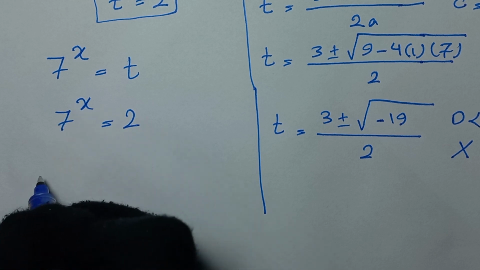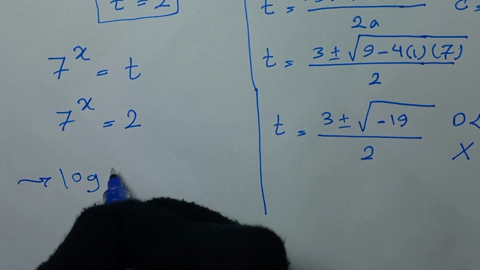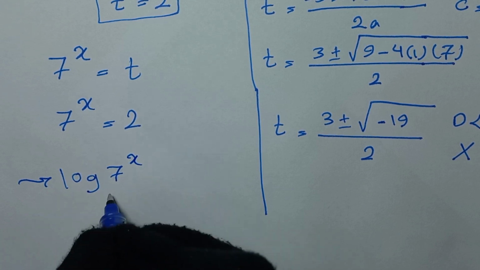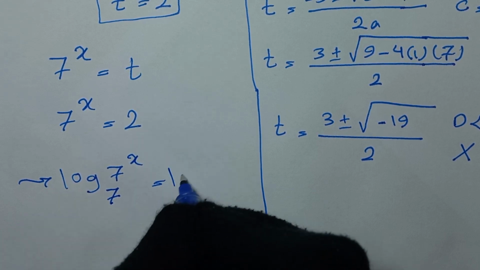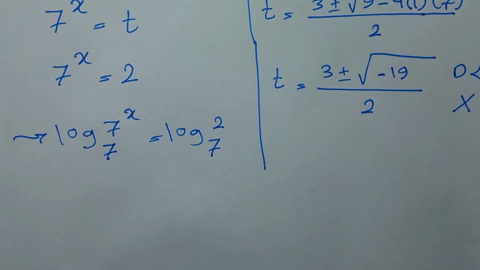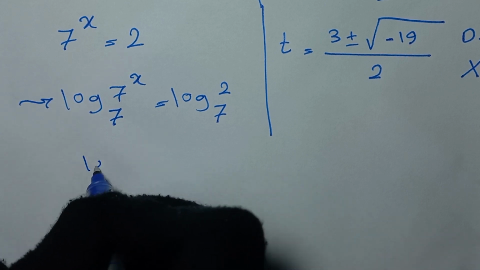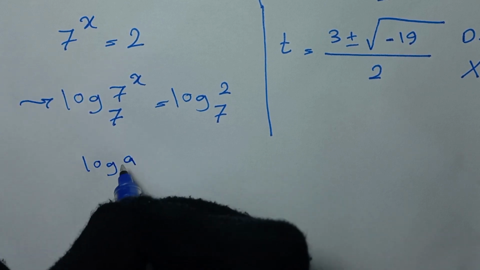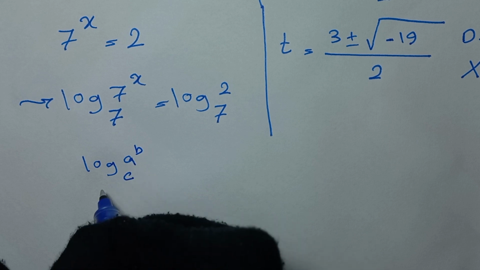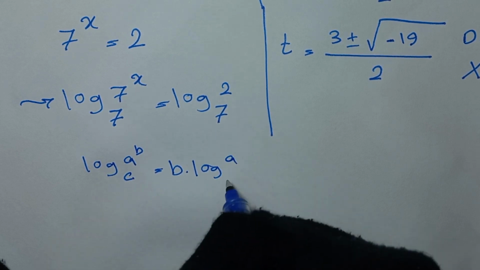So we apply log base 7: log of 7 to the power of x to base 7 is equal to log of 2 to base 7. From log rules, if we have log of a to the power of b to base c, this is equal to b times log of a to base c.